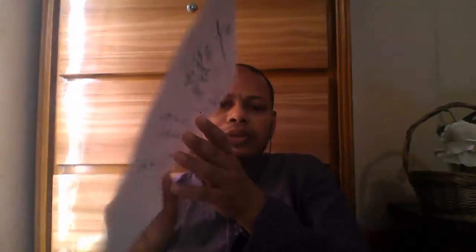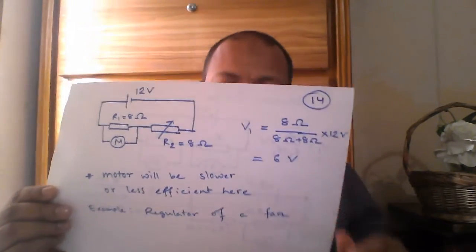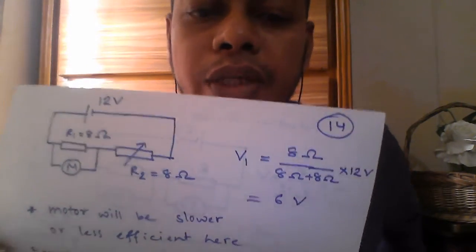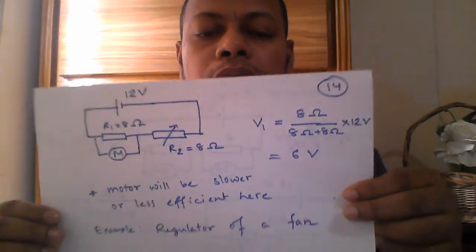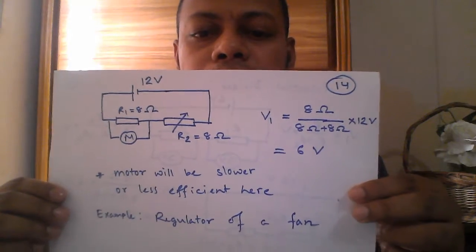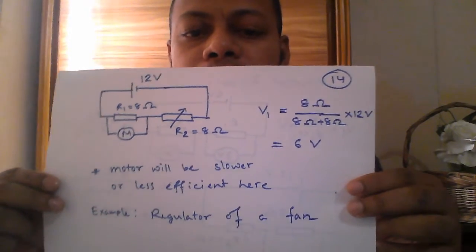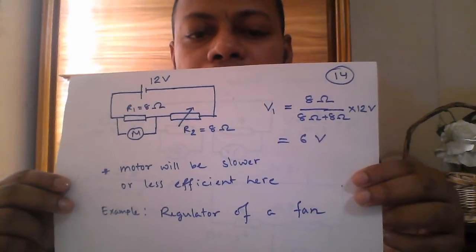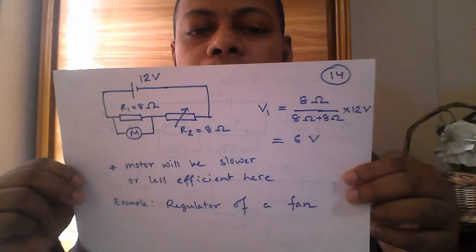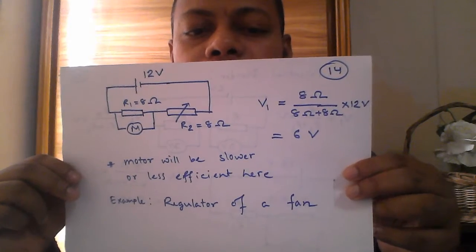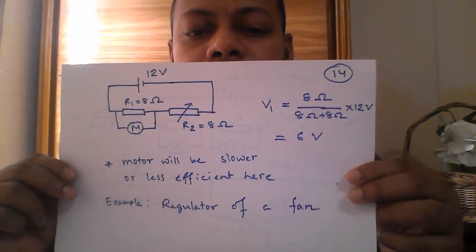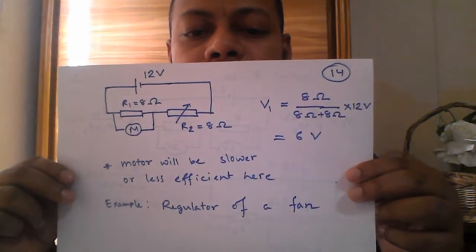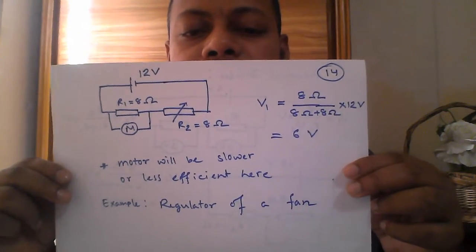Now we are going for another example where we are getting different values for R1 and R2. For R1, as it is a fixed resistor, it is still 8 ohm, but for R2, as this is a variable resistor, we can change it.